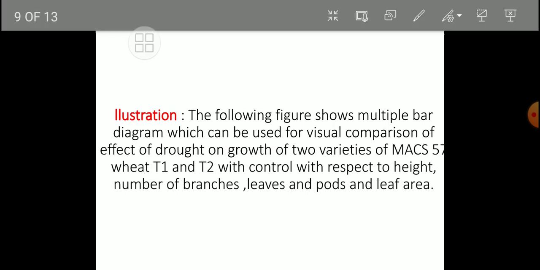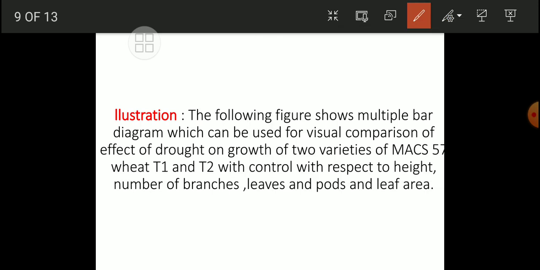So here with the help of this illustration we will get idea about multiple bar diagram, which is another type of bar diagram. Here example is there.